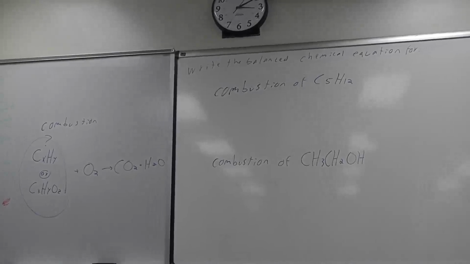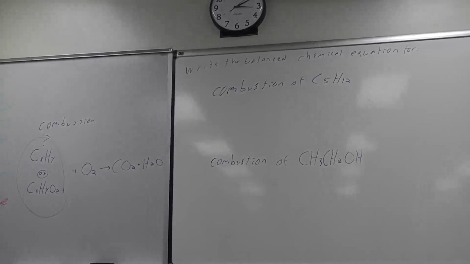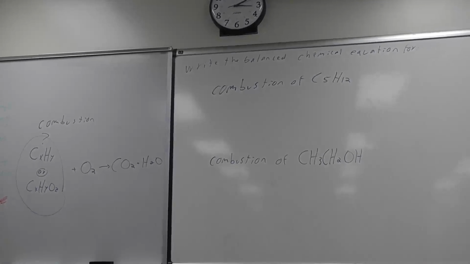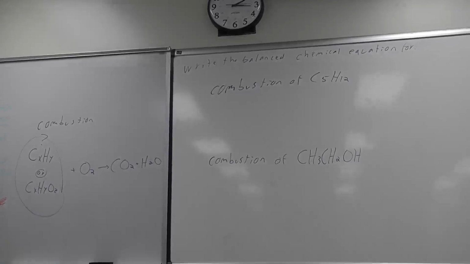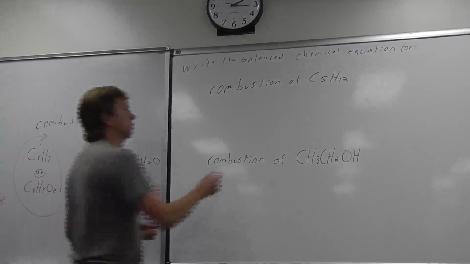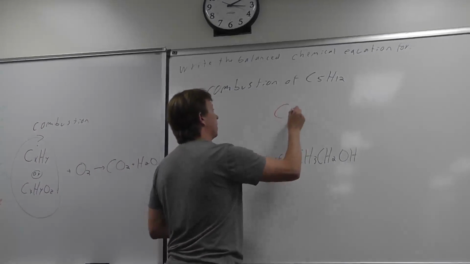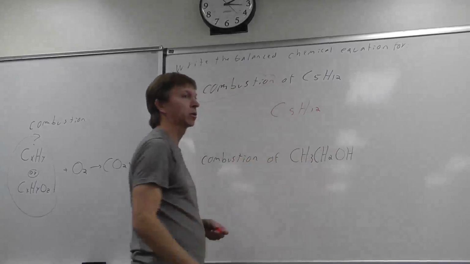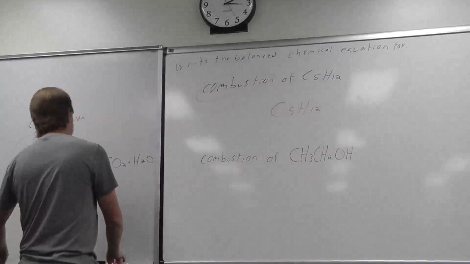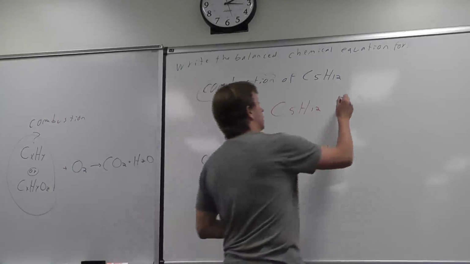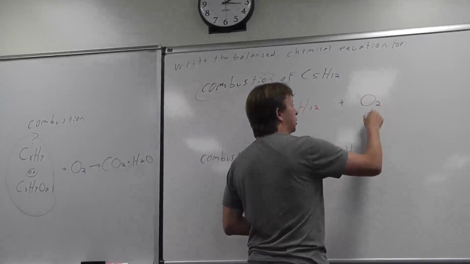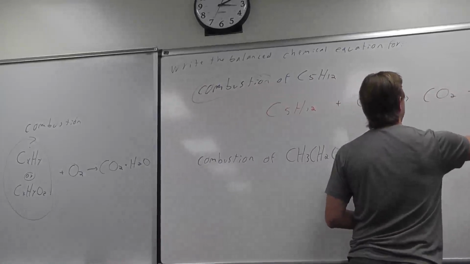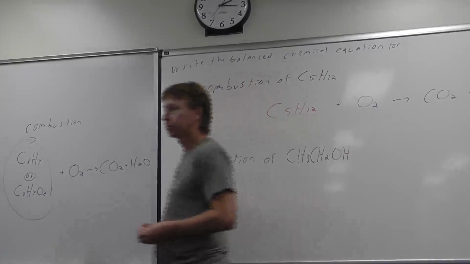In the wording of that question, how many chemical formulas are you told? And don't say one. Four. Because this tells you you're working with C5H12, and this word tells you exactly what you're doing to it. That word combustion means you're adding elemental oxygen, diatomic, and carbon dioxide and water are your products.